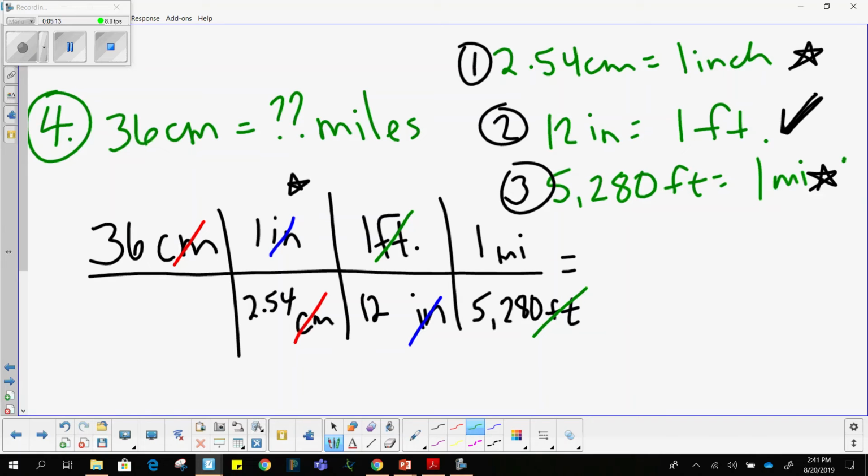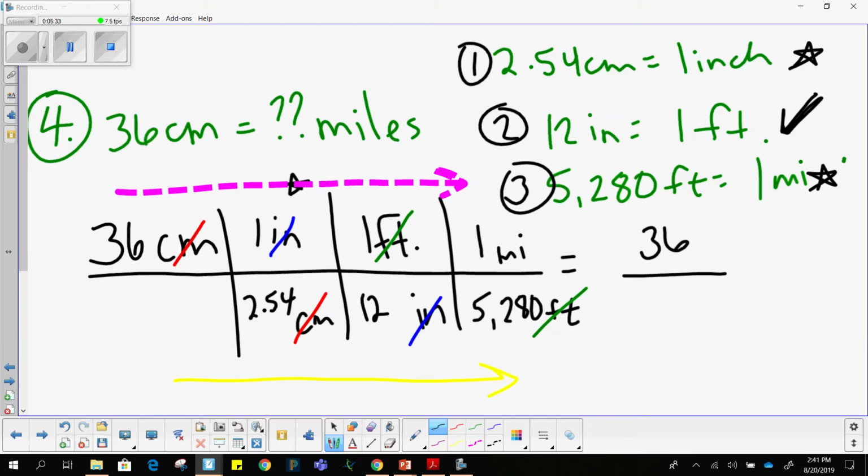Now what you're going to do here is go straight across the top, and then go straight across the bottom and get basically 2 numbers. So obviously 36 times 1 times 1 times 1 gives us 36. And then what we have to do is this bottom part, 2.54 times 12 times 5,280, which gives me 160934.4.